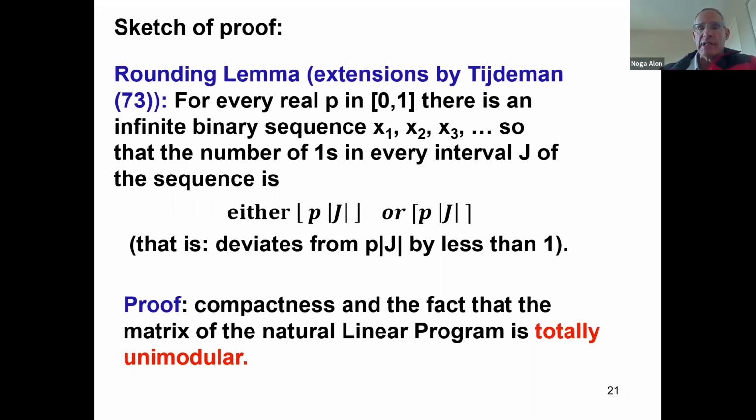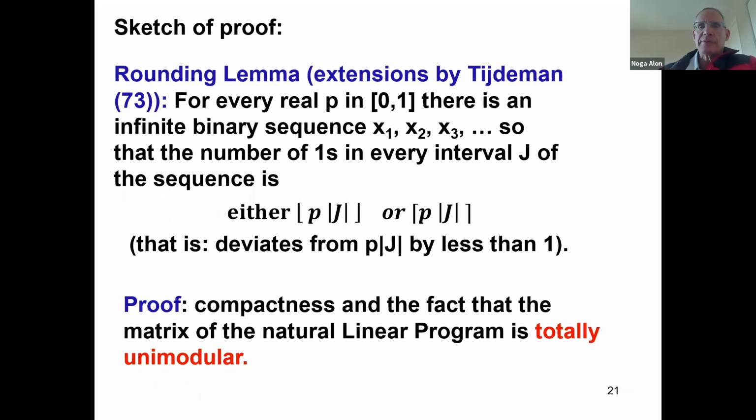And because there is a solution which is just p everywhere, right? Each xi equals p, there is a real solution, then there is also an integral solution, and this will give us this sequence. As I said, there is a nice extension by Tiedemann, and we don't need it here.